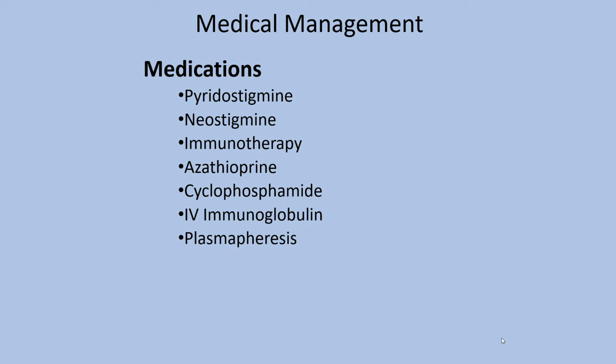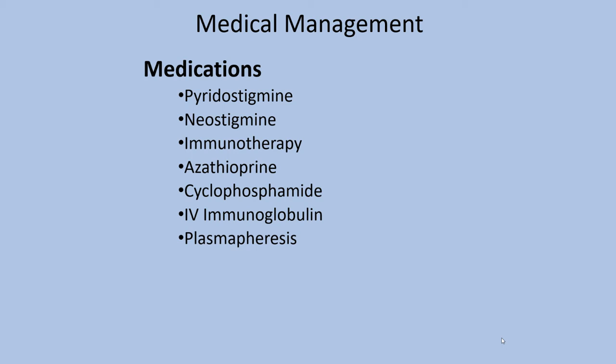There's also IV immunoglobulin, which is IVIG infusions. It's a blood product composed of purified and concentrated immunoglobulins or antibodies from the pooled plasma of healthy donors. What it does is it binds to circulating antibodies and promotes ACH availability and muscle function.